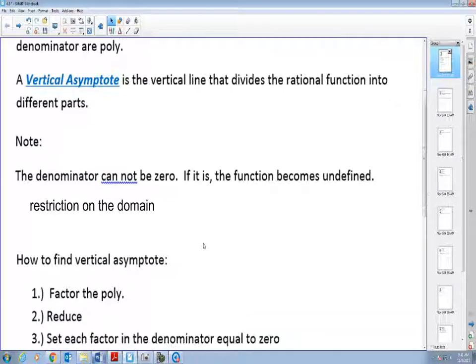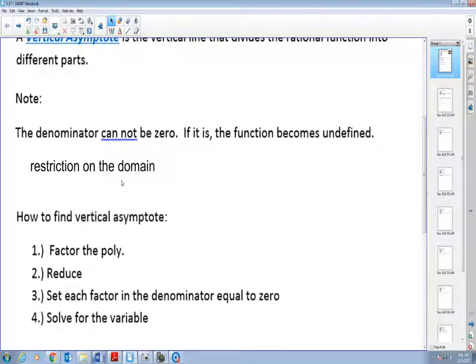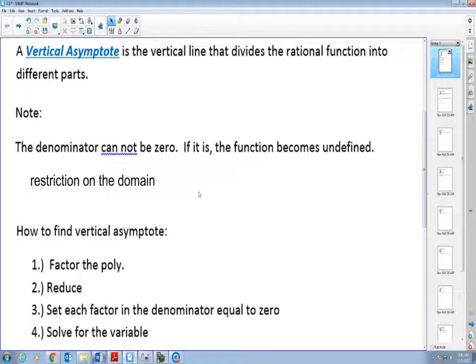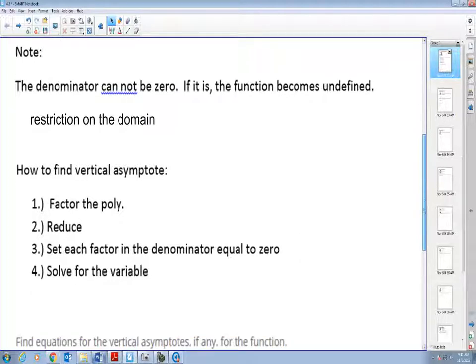So let's take a look at that, because that restriction on the domain actually has two parts to it, okay. One of them is your vertical asymptote. Both of them are restrictions on the domain, but one of them is specifically called the vertical asymptote. Let me show you with a couple of examples in a minute.